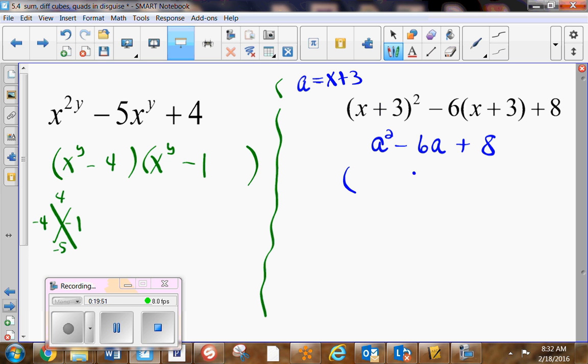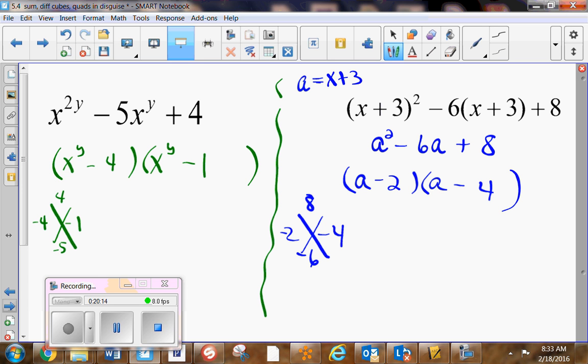Mini. So I can go in with an a and an a. Factors of 8 that add up to -6: -2, -4.